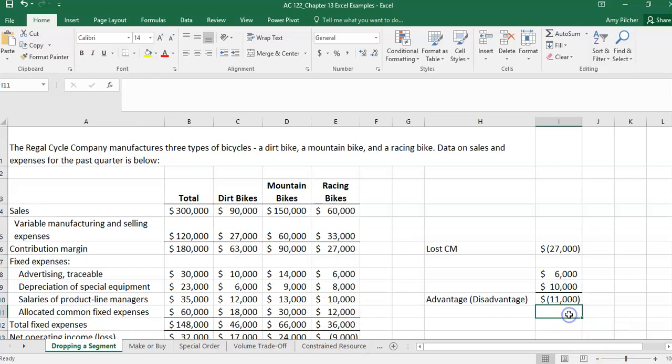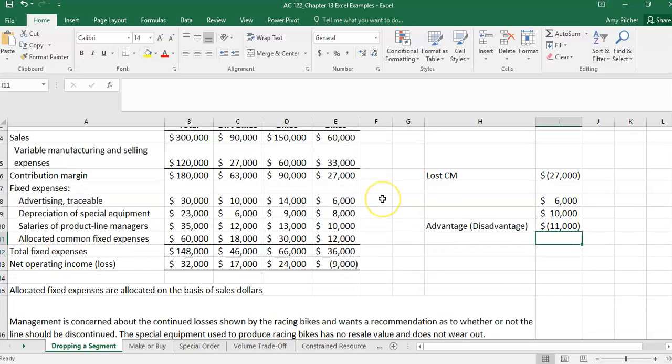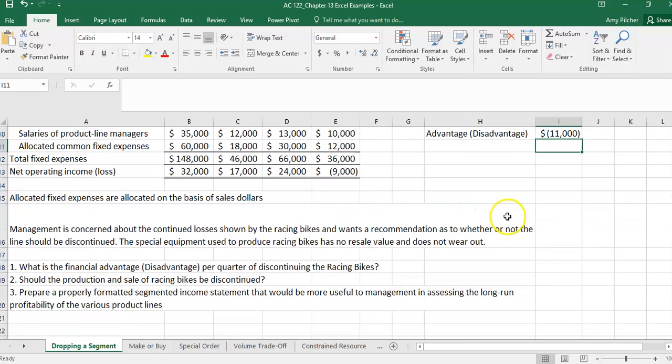We're going to lose $11,000 if we close the racing bikes division. So that's the answer to question 1. It's a financial disadvantage of $11,000. So 2 says, should the production and sale of racing bikes be discontinued? I would say that the fact that it's a financial disadvantage to us, that I would say no.